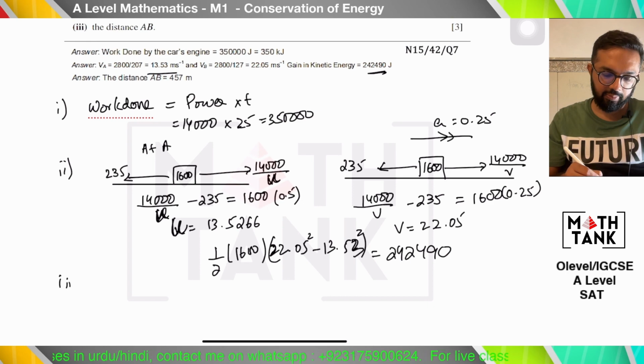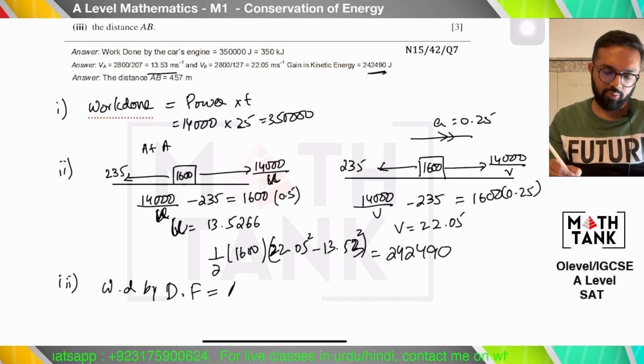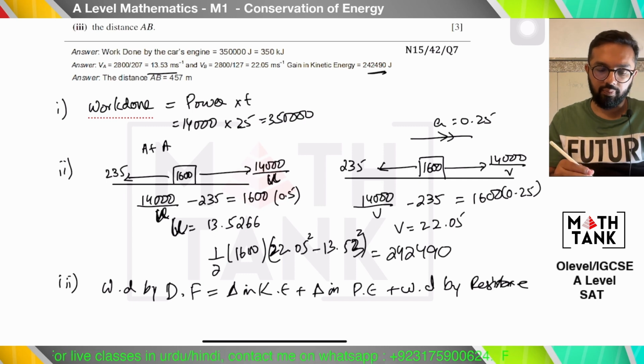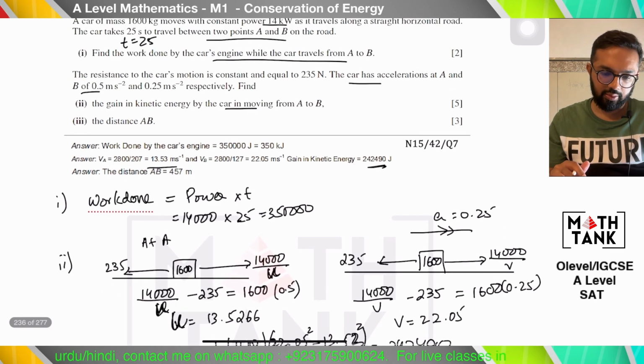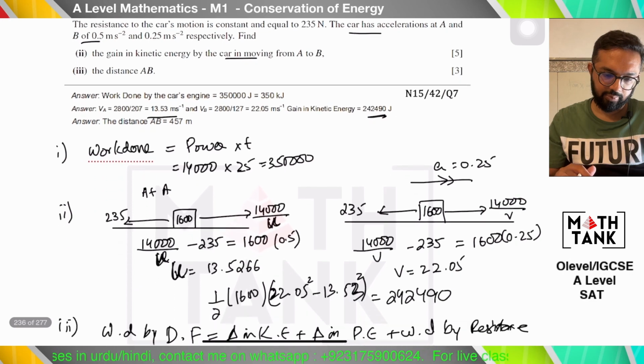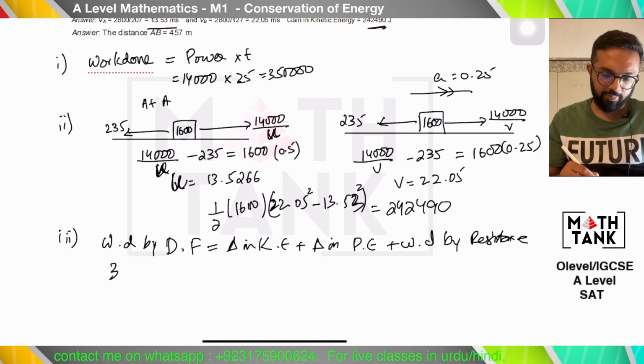So part 3 is simple then. Work done by driving force equals change in K, plus change in P, plus work done by R. The work done by driving force is what I found in the first part.